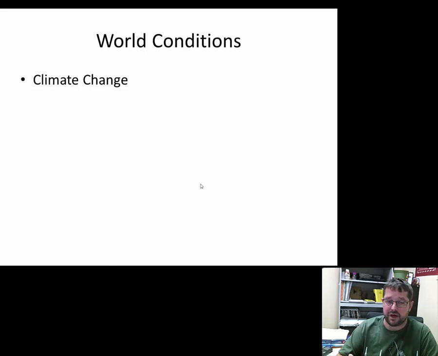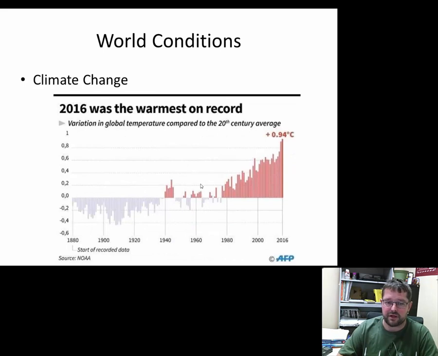But it's not a bad word, and you really, truly have to be to the point where you cannot read a thermometer to say that the temperature on the planet is not increasing. If you look at a graph, why would NOAA make this up? There's no reason to make the data up.